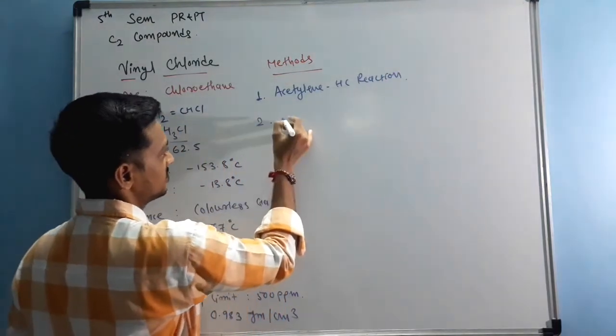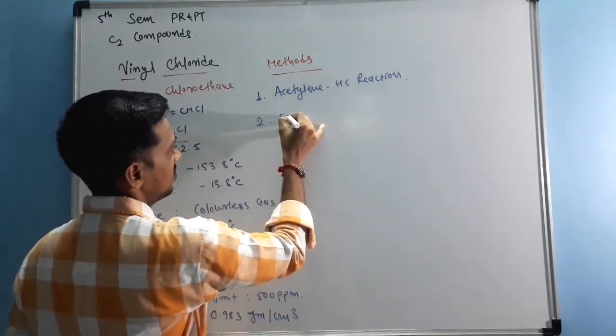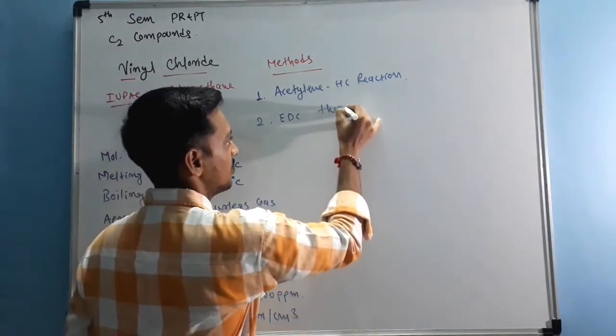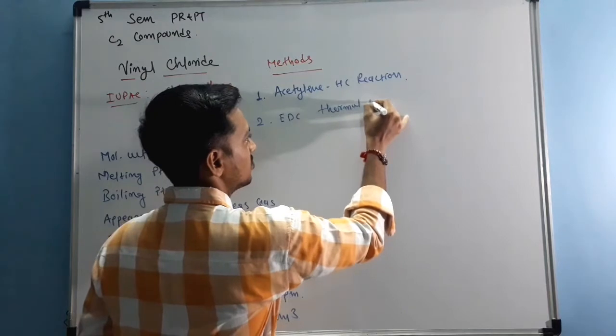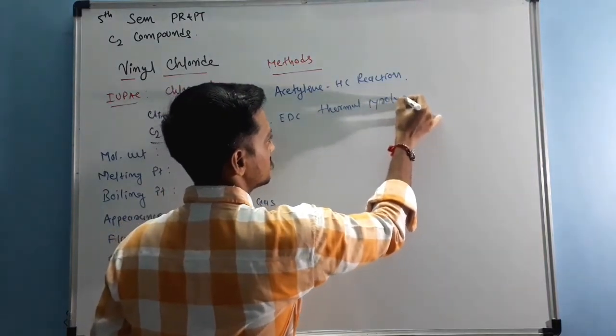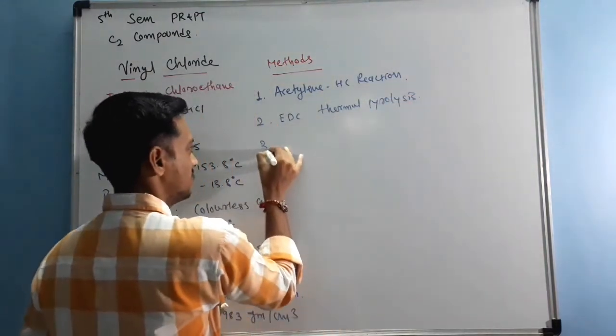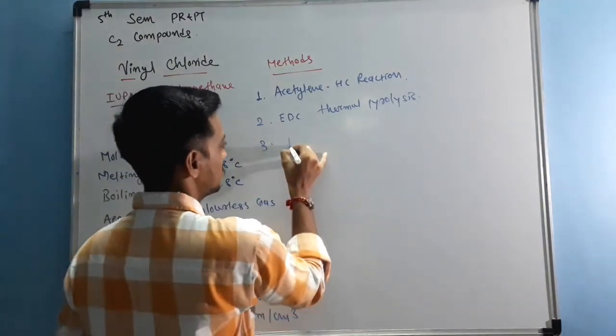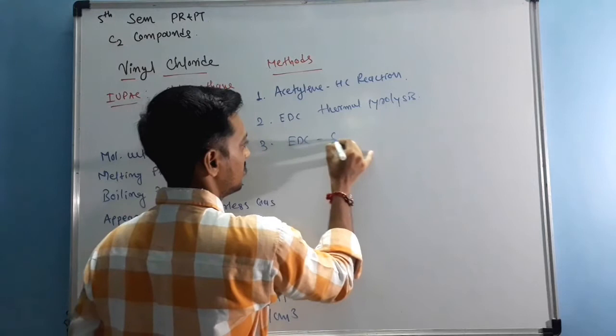Second method is ethylene dichloride thermal pyrolysis, and third one is ethylene dichloride caustic reaction.